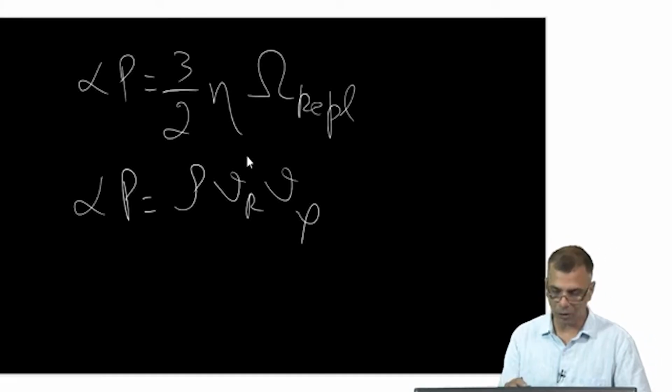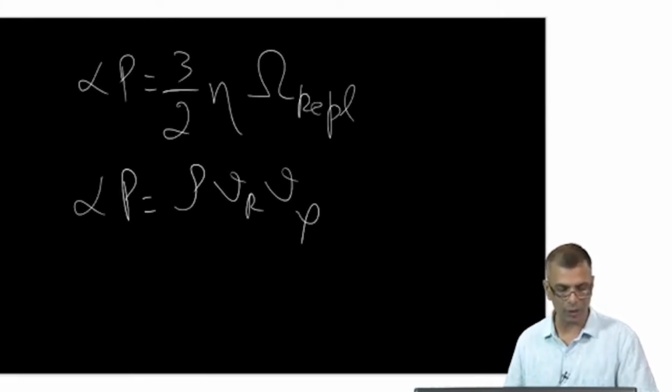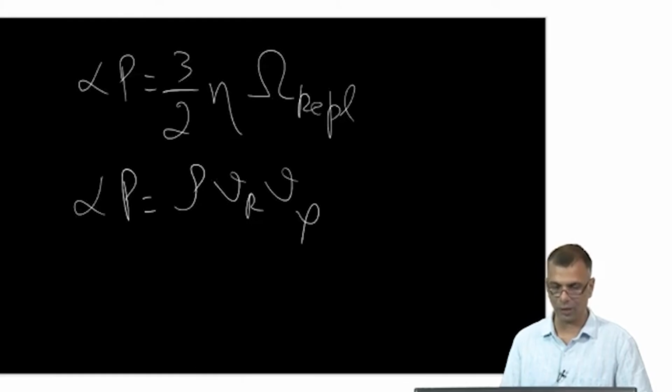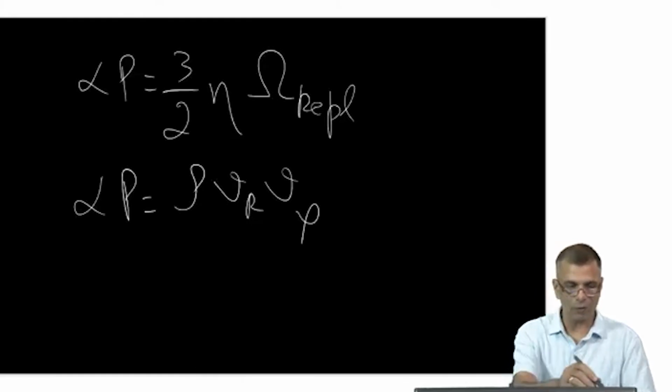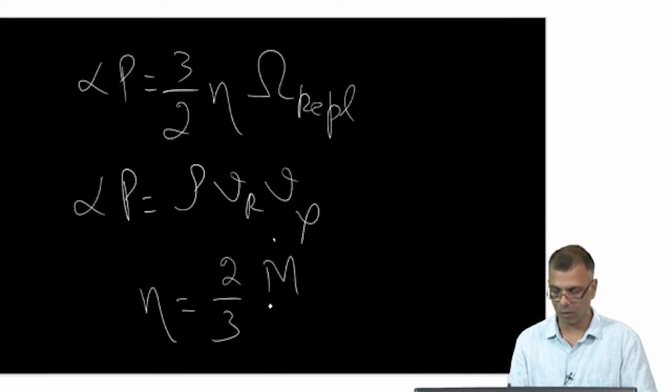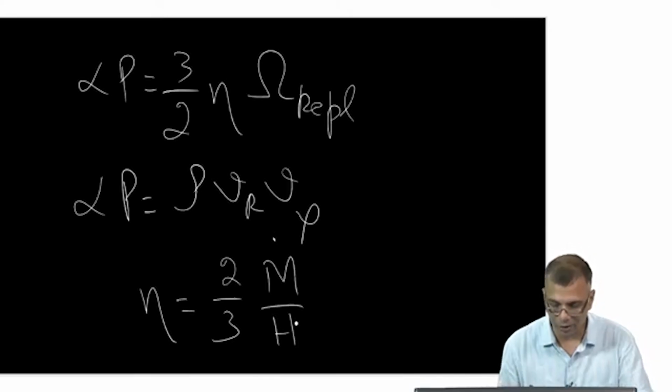And again, substituting for the radial velocity in terms of the accretion rate, using the accretion rate to get rid of this Vr radial velocity, we get the following very interesting expression for the viscosity parameter. This is equal to 2/3 m dot over h. Why is this interesting?